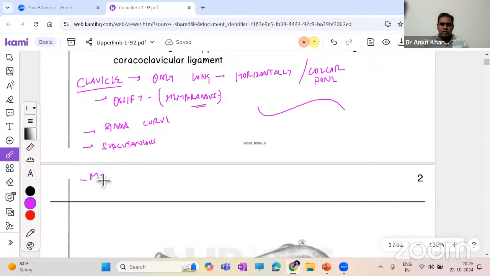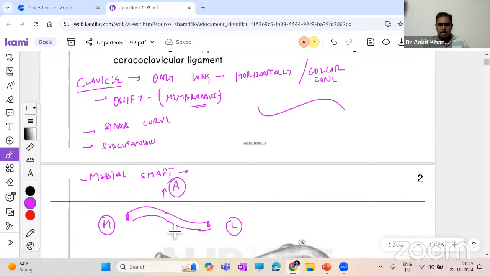The medial part of the shaft is more convex anteriorly, or more projecting anteriorly. Convex anteriorly means, suppose I draw it like this: this is the bone, this is the medial side, that is the lateral side, this is anterior, that is posterior. So this is the right side and it is more projecting anteriorly.